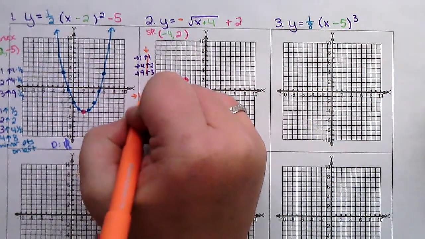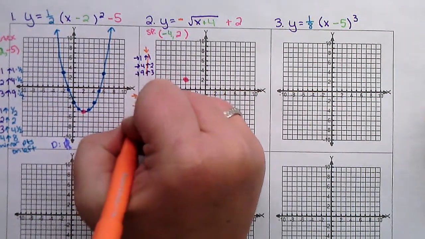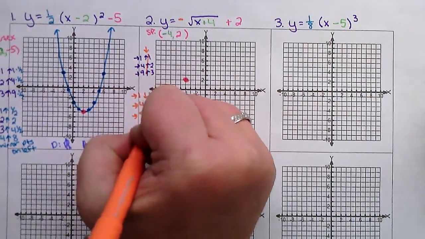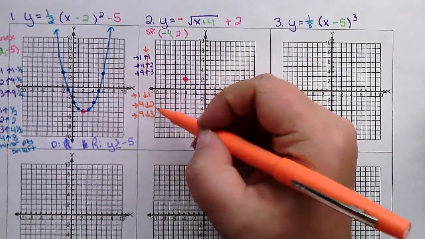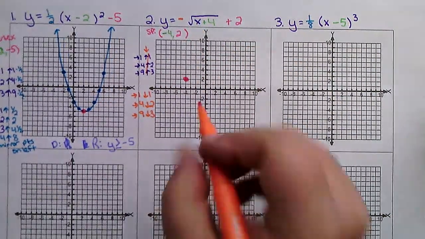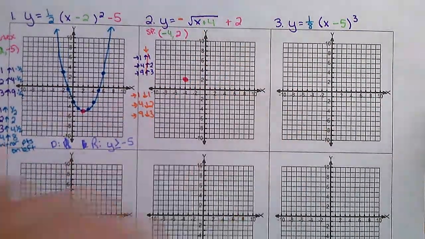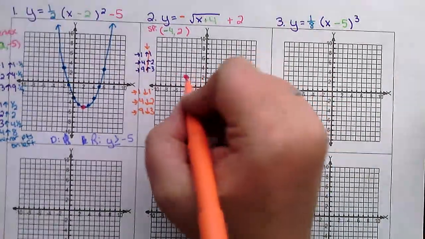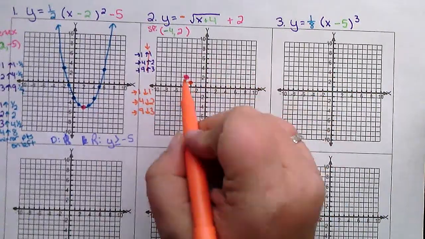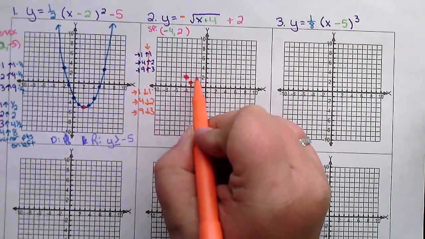So we're going to go right 1, down 1, right 4, down 2, and right 9, down 3. Do we need to stretch them or compress them? So looking out front, is there anything to multiply them by? Nope, just the -1.